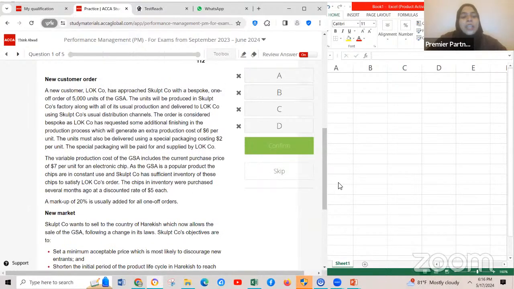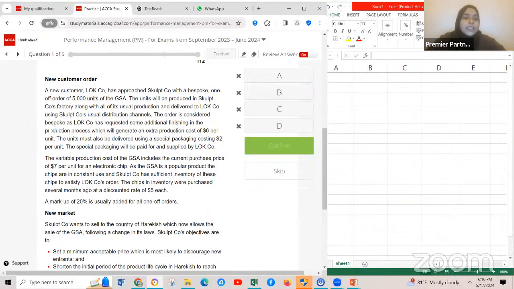A new customer, LOK Co, has approached Sculptco with a bespoke one-off order of 5,000 units of the GSA. The units will be produced in Sculptco's factory along with all of its usual production and delivered to LOK Co using Sculptco's usual distribution channels.